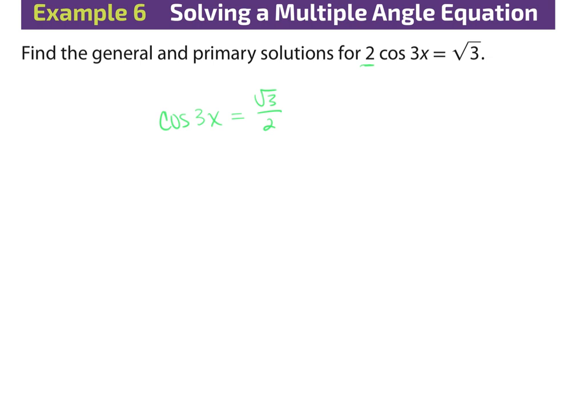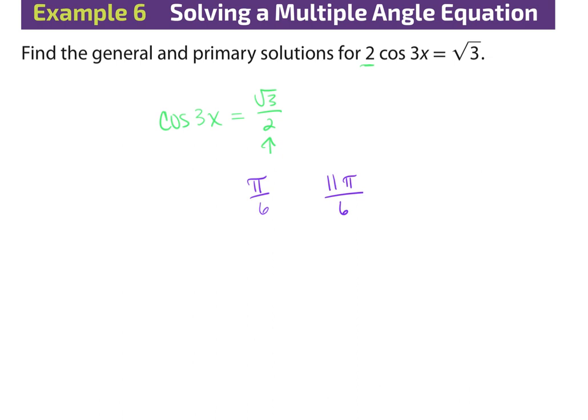It's positive. So specifically, I need first quadrant cosine and fourth quadrant cosine. Those are my positive cosines, right? And so the angles I'm looking for are pi over 6 and 11 pi over 6, right? So those two will give me a square root of 3 over 2 as a cosine.